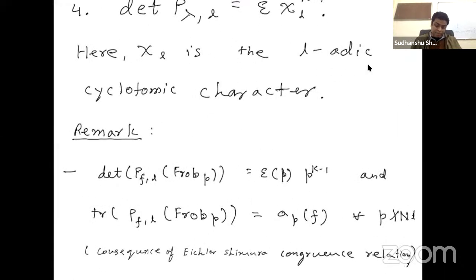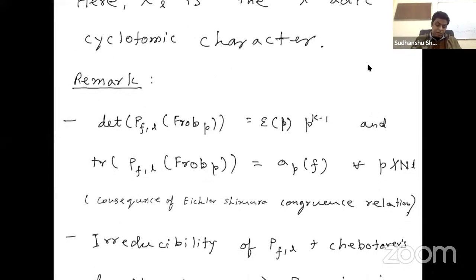you know how the Frobenius acts. You have some knowledge about the action of Frobenius on these representations away from the primes dividing NL. So from there, you can also describe the determinant and trace using that degree 2 polynomial.